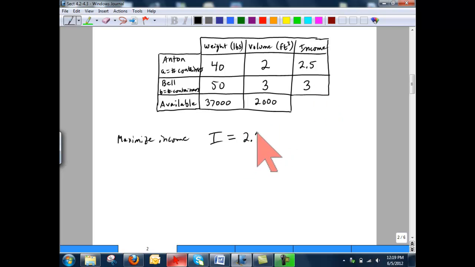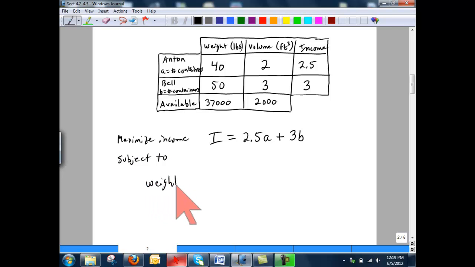From Anton containers, $2.5 per container times the number of Anton containers. Add that to the income from shipping Bell containers, $3 per container times the number of Bell containers shipped. Maximize that income subject to some constraints.